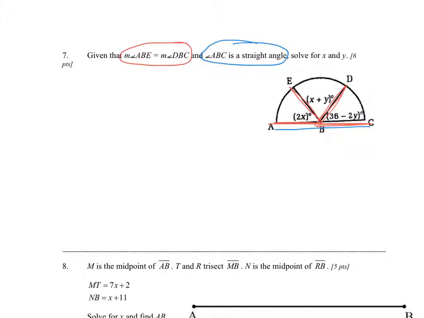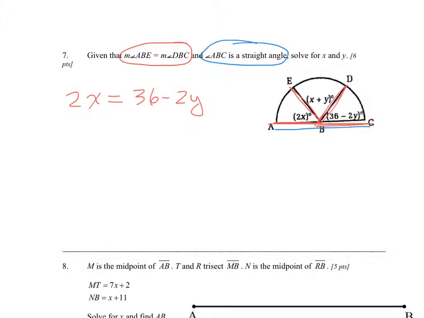Our first piece of given information tells us that the measures of two angles are equal. So we're going to take the measure of angle ABE, which is 2x, and set it equal to the measure of angle DBC, which is 36 minus 2y. And then we're also told that ABC is a straight angle. We know that straight angles measure 180 degrees.